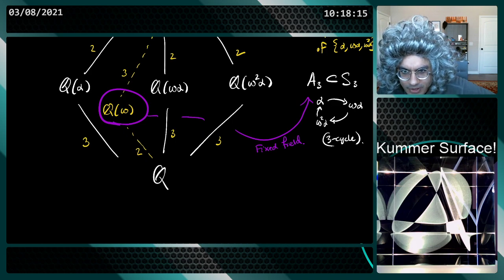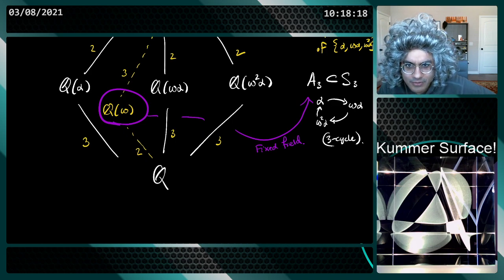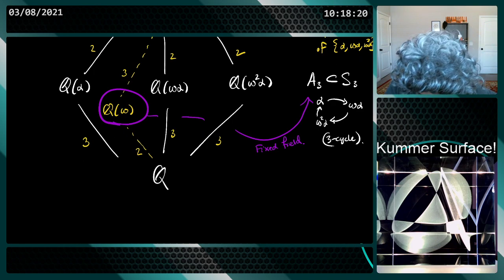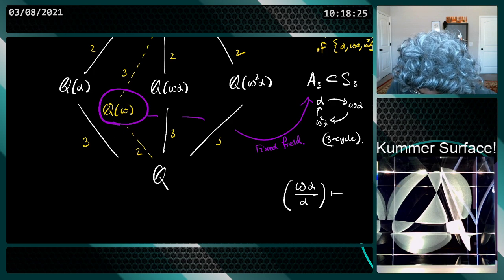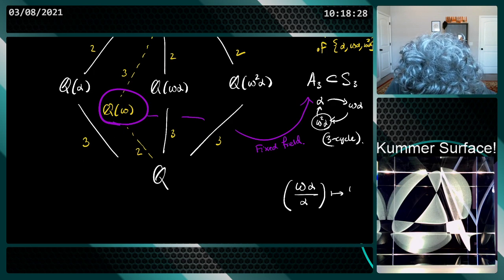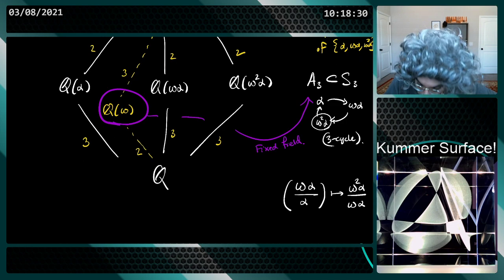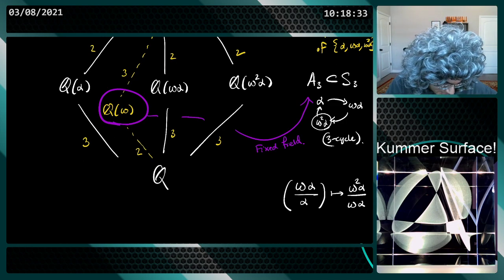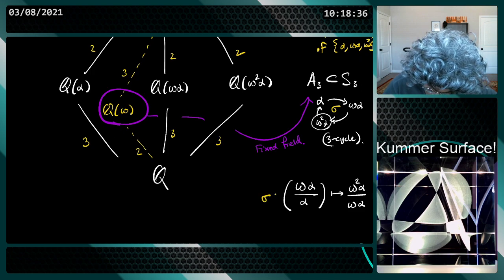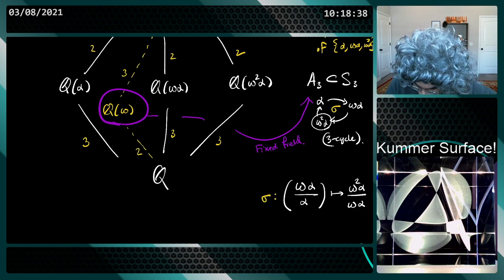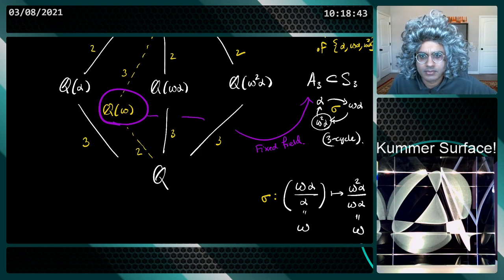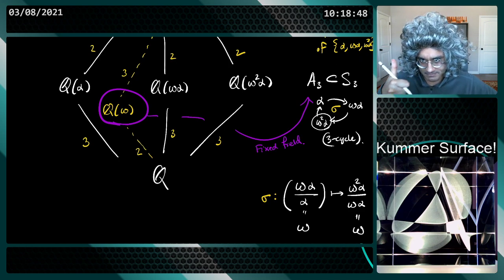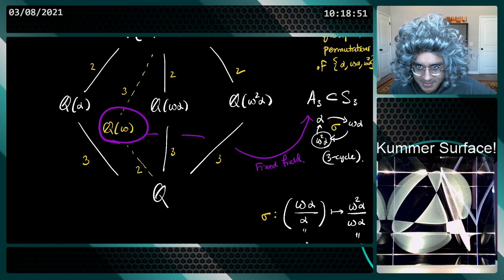If alpha goes to omega alpha, and alpha goes to omega squared alpha, then where does omega alpha over alpha go? Under this, let's call this sigma, it goes to omega squared alpha over omega alpha. And this is on the one hand omega, and this is also omega. So indeed, this is fixing Q join omega. Sanity check.